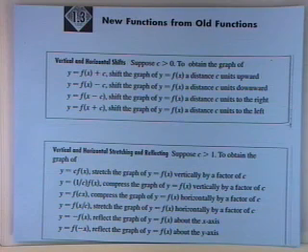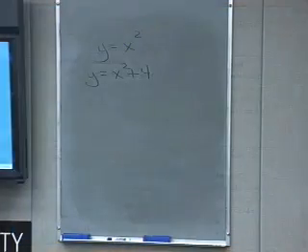So if we want to shift upward, we'll simply tack a constant on to the end of a function. So if we have a function that we know something about, and that's what we're talking about, old functions, y equals x squared, if we want to make a shift in that, we can basically take every y value.